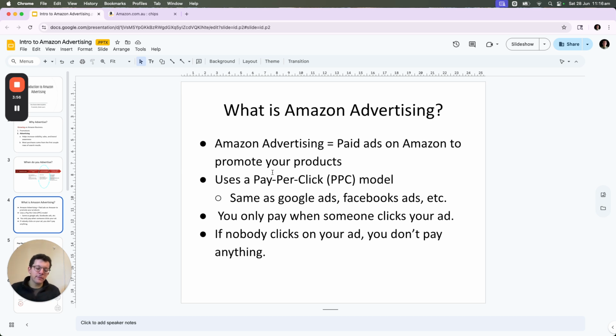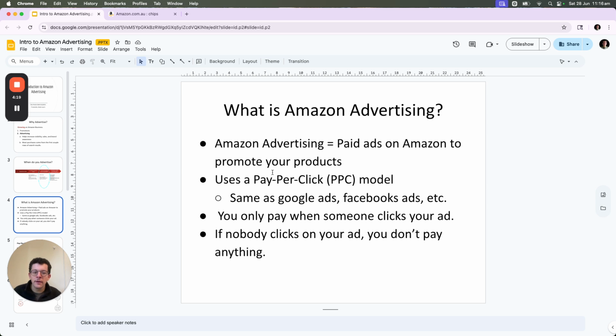So back to basics. What is Amazon advertising? Amazon advertising is running paid ads on the Amazon platform to promote your products. It uses what is called a PPC, or pay-per-click, model. It's an industry-wide advertising term.